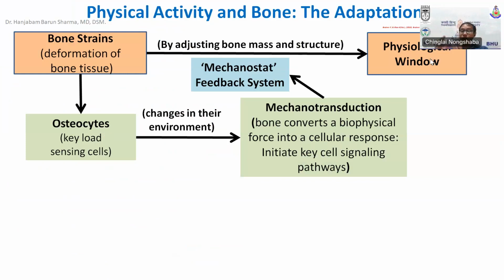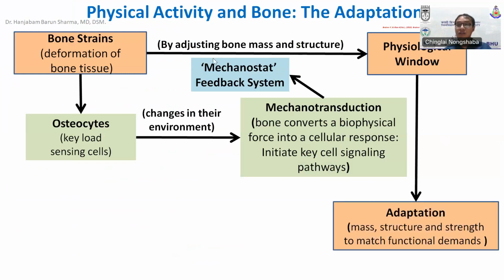That means pathological abnormality doesn't occur. This adjustment can be done within physiological limits, and stretching of the physiological limit can happen, leading to adaptation. That means the adaptation of bone mass, structure and strength can happen in order to match the functional demand.